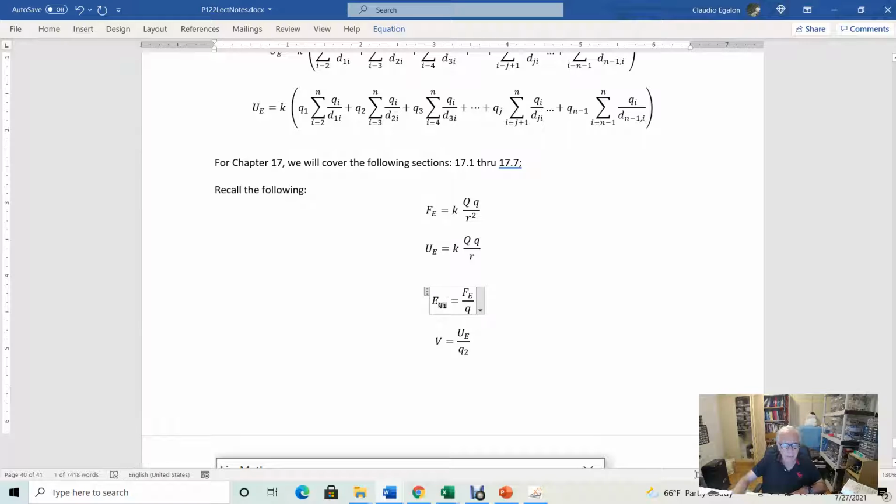Why do we do that? Because the definition for the electric field and the electric potential involves a big charge that's producing either an electric field around it or an electric potential around it. And this small charge must always be positive.